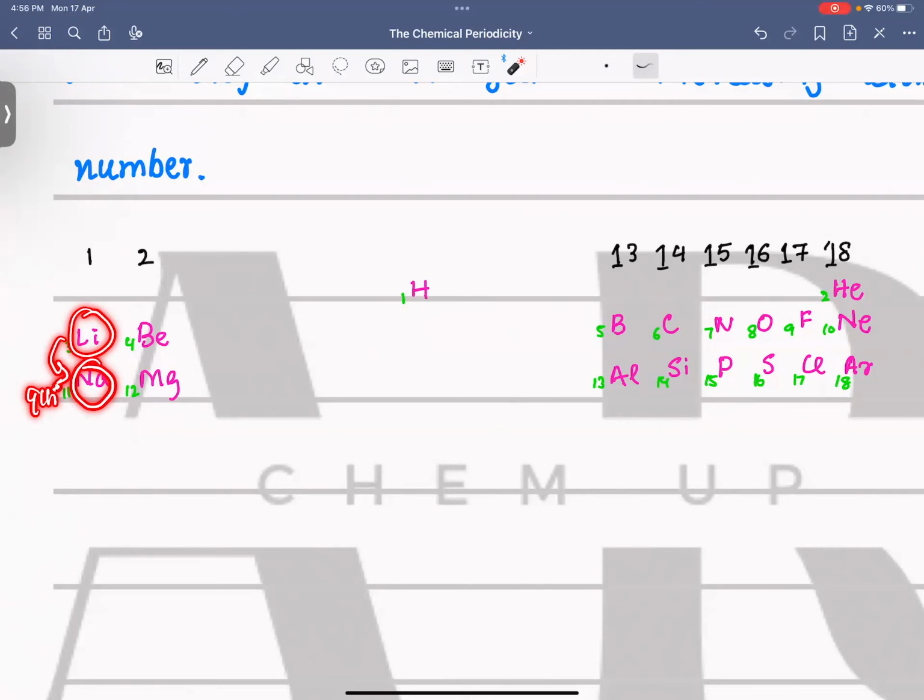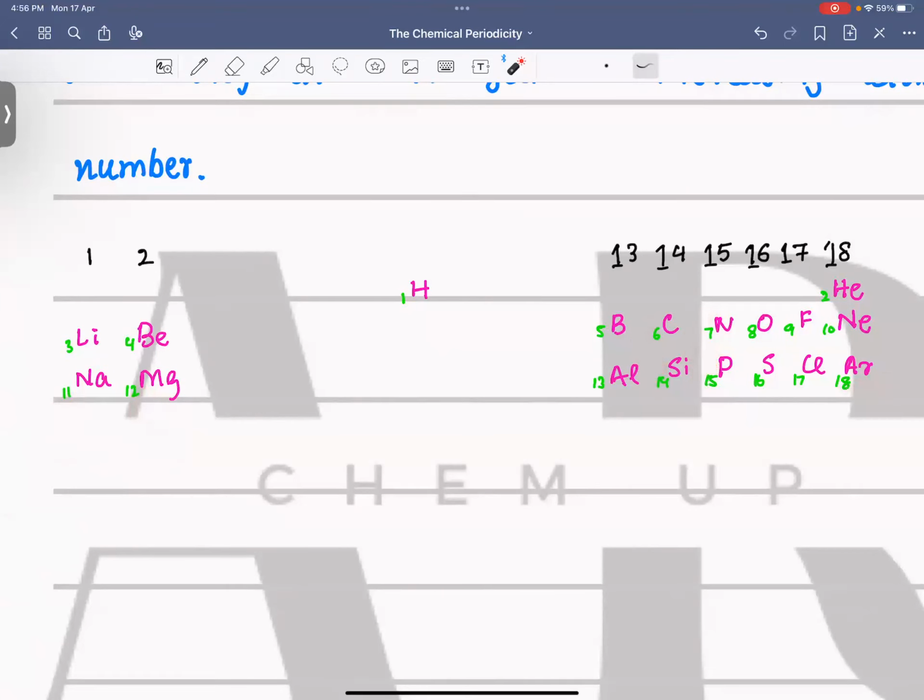Okay. Now, if you look at beryllium and magnesium, magnesium is also at the ninth position with respect to beryllium. In the same way, aluminium is at the ninth position with respect to boron. Silicon is at the ninth position with respect to carbon. Phosphorus is at the ninth position with respect to nitrogen, and so on till calcium, as potassium is at the ninth position with respect to sodium, and calcium is at the ninth position with respect to magnesium.